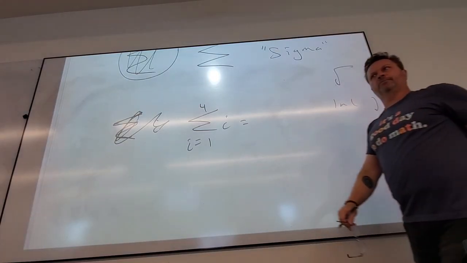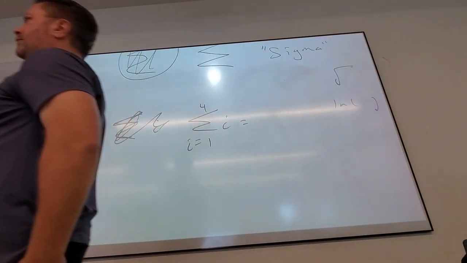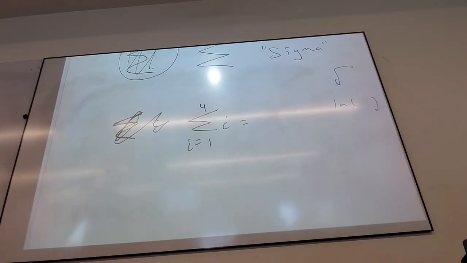Summation symbols, unless otherwise specified, and the specification would be really specific and the class would not be this one, so I'll just say it this way: every summation symbol for us is going to increment by 1. So what is I at first? 1. What is I next? 2. So this sums up all the values of I for I from 1 to 4.